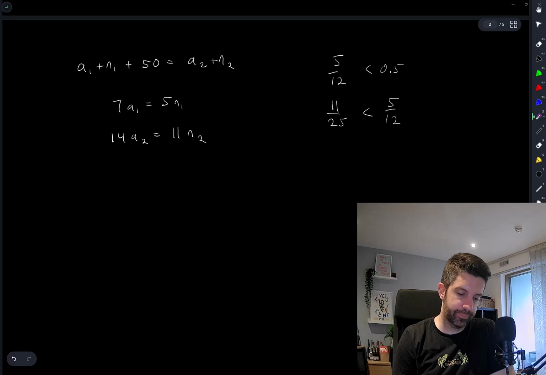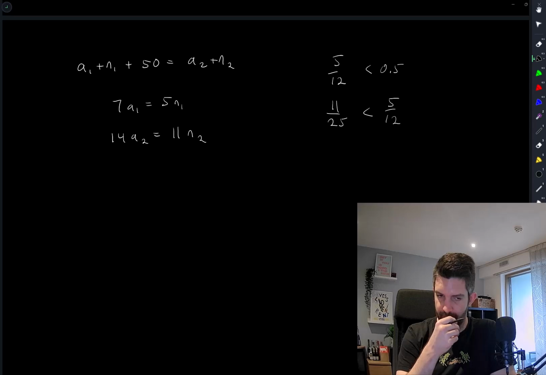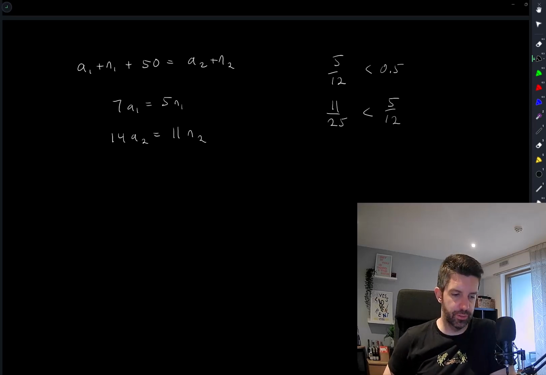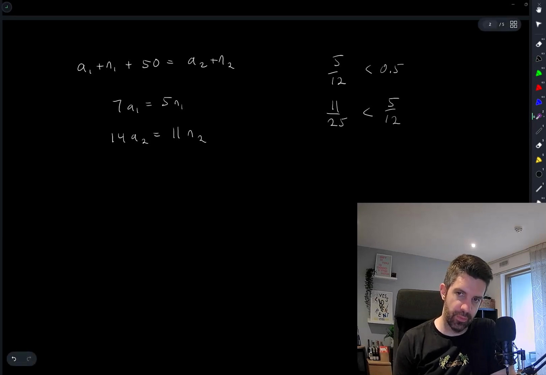So in the number of people on the bus, maybe I write it even as the proportion. If I write things in terms of the proportion of adults on the bus, in order to bring the proportion down, the proportion of adults on the bus has to be even lower than this.